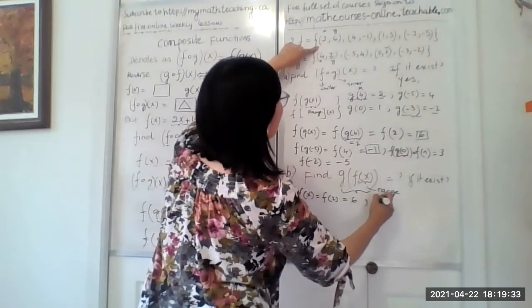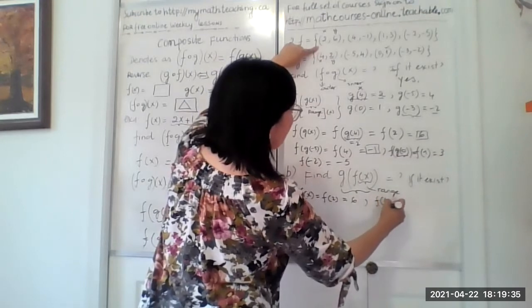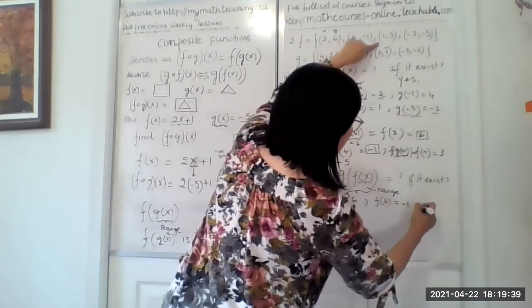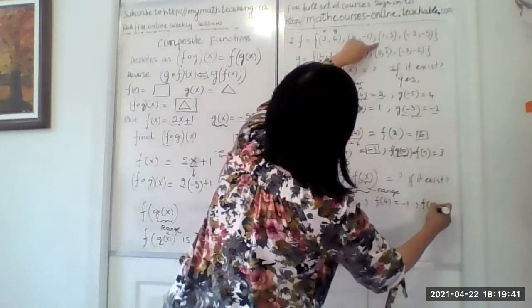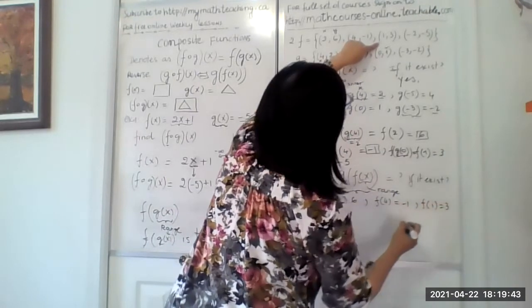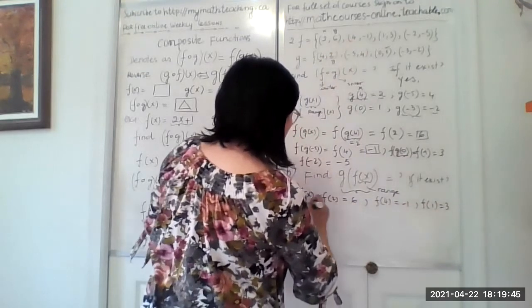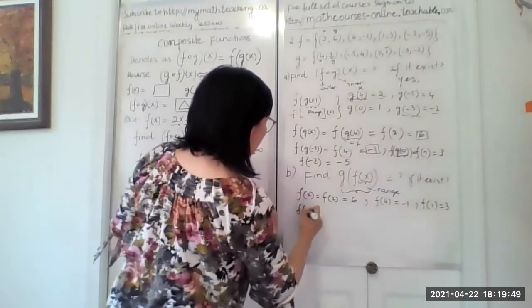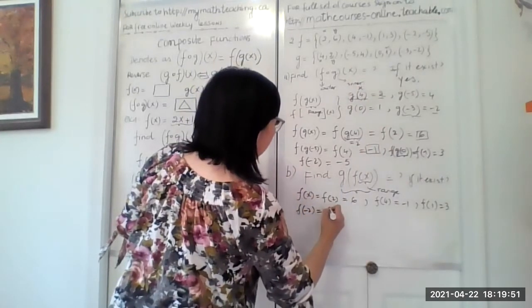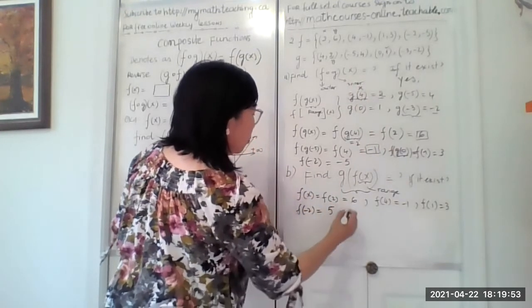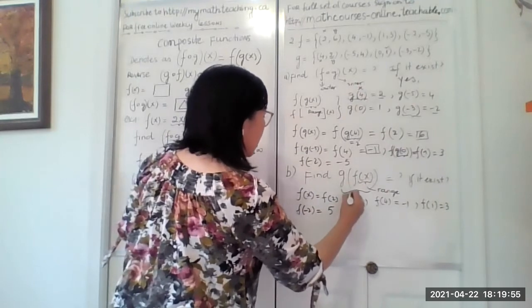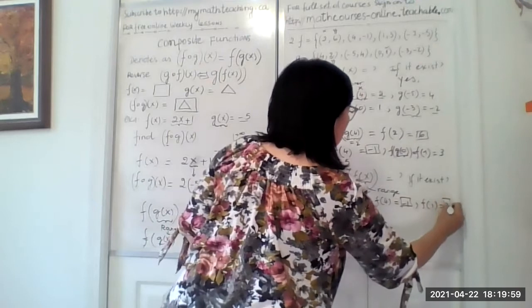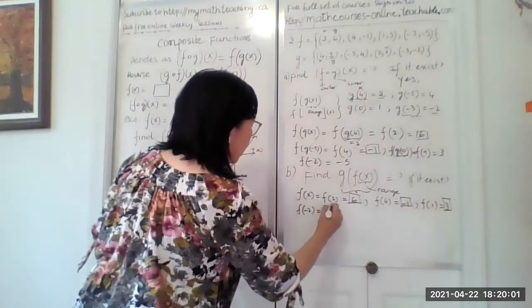What else? f of 4 equals -1. And f of 1 equals 3. And f of -2 equals 5. So now we focus on this value, right? We substitute in. We focus on the range of it.